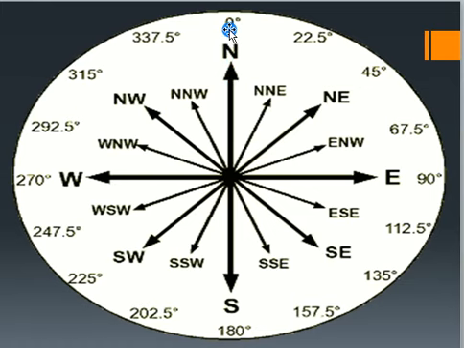So when you start from 0 degrees going in a clockwise direction, you go from north, which is 0 degrees, north northeast is 22.5 degrees, northeast 45 degrees, east northeast is 67.5 degrees, east 90 degrees, east southeast 112.5 degrees, southeast 135 degrees, south southeast 157.5 degrees, south 180 degrees, south southwest 202.5 degrees, southwest 225 degrees, west southwest 247.5 degrees, west 270 degrees, west northwest 292.5 degrees, northwest 315 degrees, north northwest 337.5 degrees, and then north will complete it with 360 degrees.